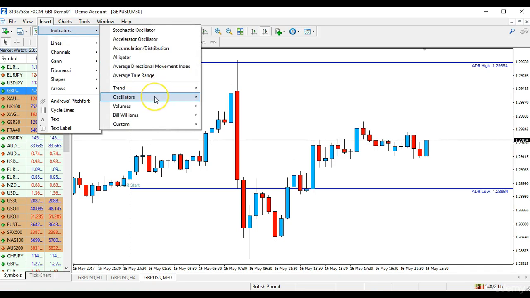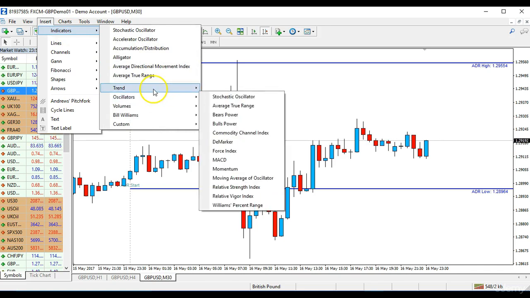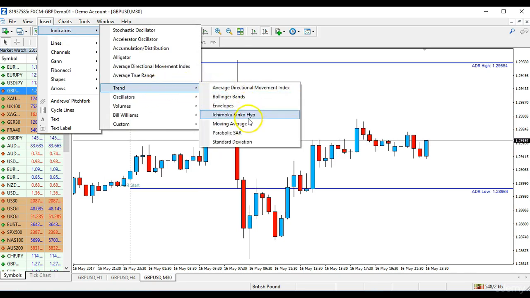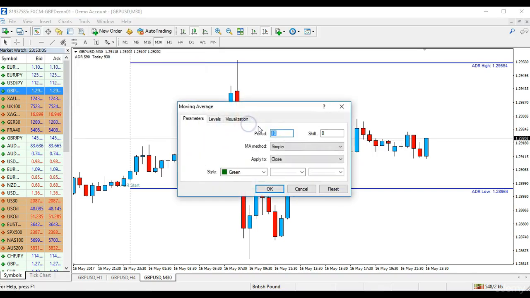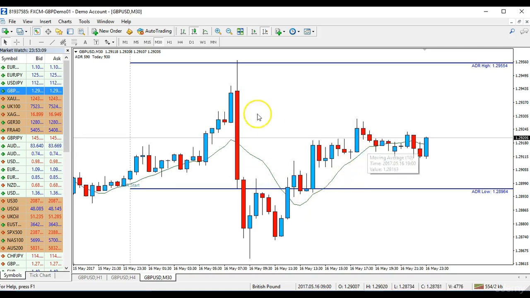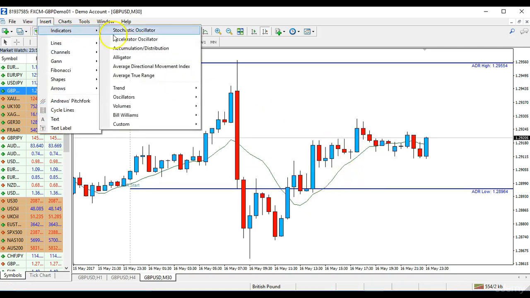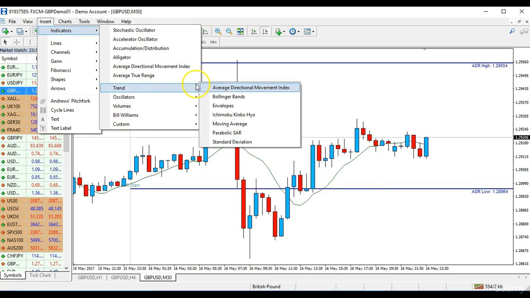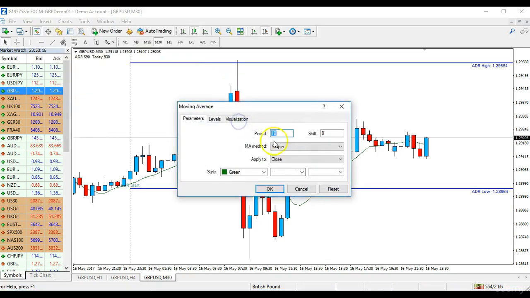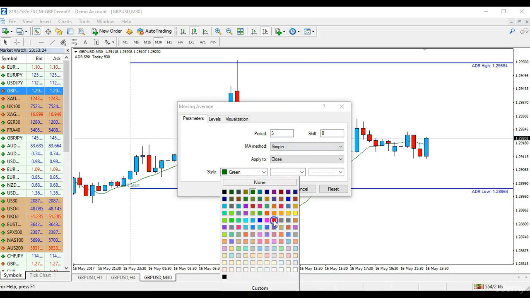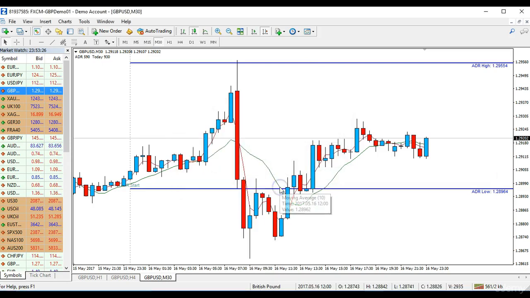So let me give you another indicator that I use and tell you how I use it. Another indicator I use is what's called a moving average. I use a 10 period green moving average, and a 3 period red moving average. The reason I use these is to get a visual representation of how fast price is moving.